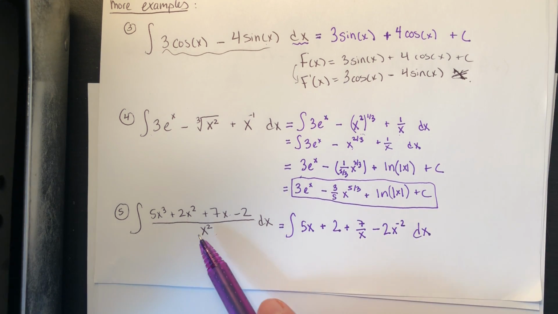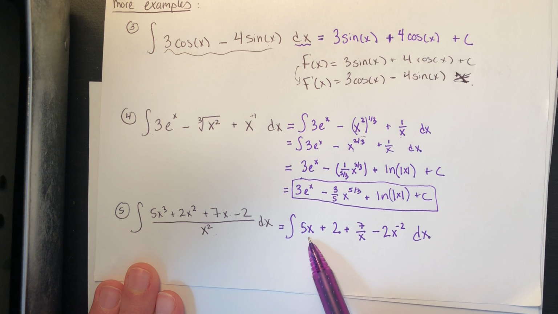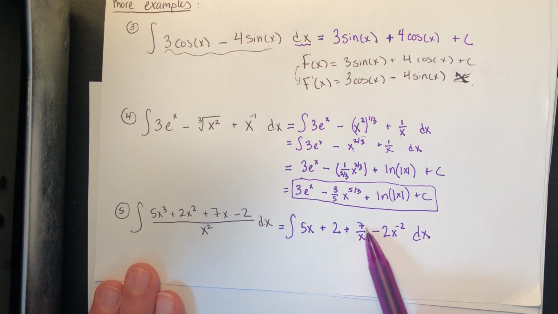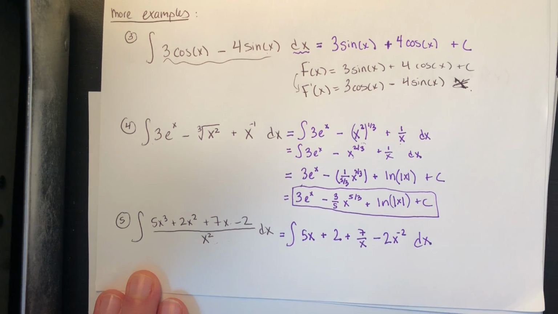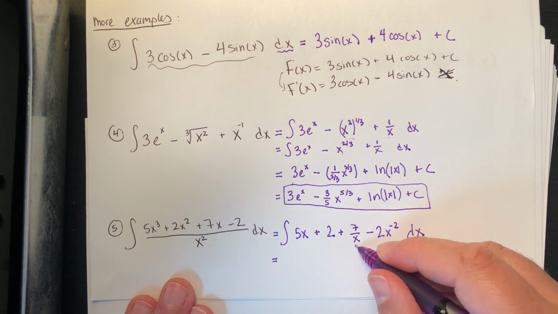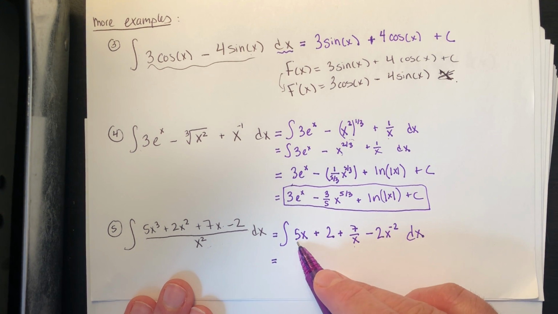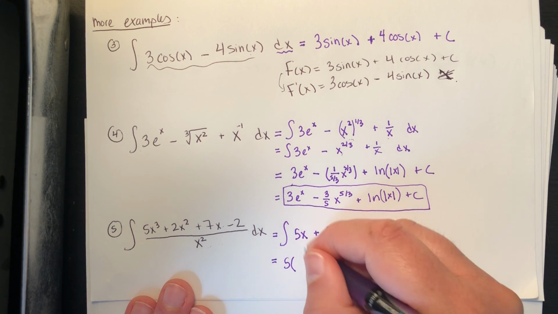So now that I've rewritten my original function in here, I can use power rule for the first term, power rule for the second term. This is looking like an ln of x antiderivative, and then power rule for the last term. Okay, so going through and applying the power rule and then the ln of x rule here, the antiderivative of 5x would be 5.